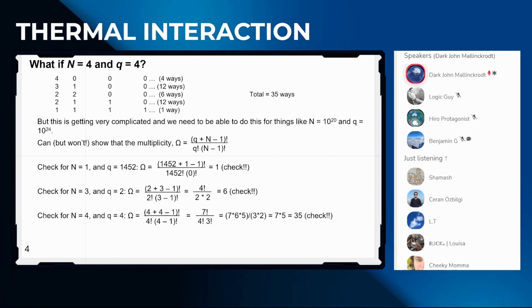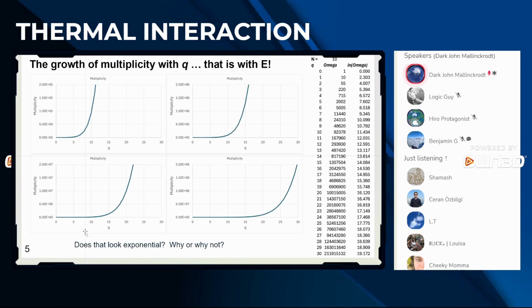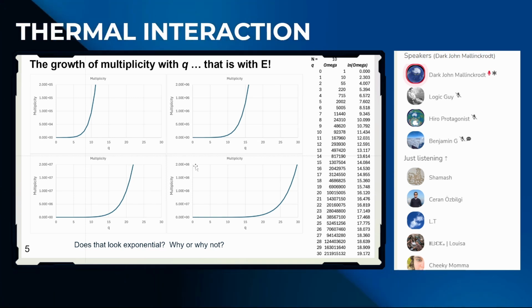So that's the formula. Now let's do a more complicated case. Let's look at a case where I have 10 oscillators, and now I'm going to do what I was saying I wanted to do. I want to plot the multiplicity as Q grows.